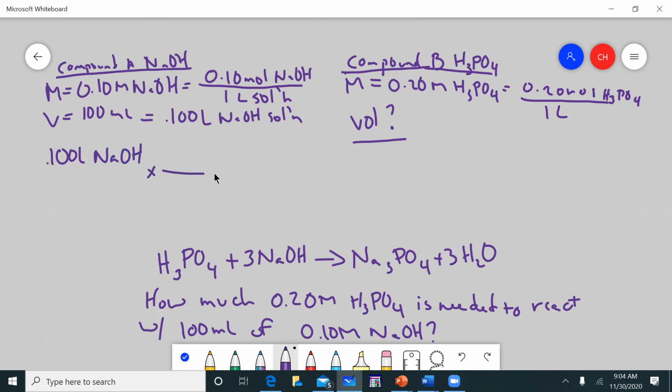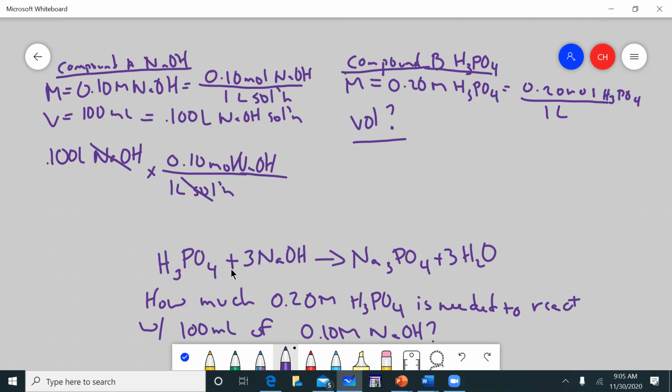I'm going to convert this into moles using my molarity. And I can set it up just this way because the 1 liter of the solution will go on the bottom and the mole value will go on the top. 0 moles of NaOH.